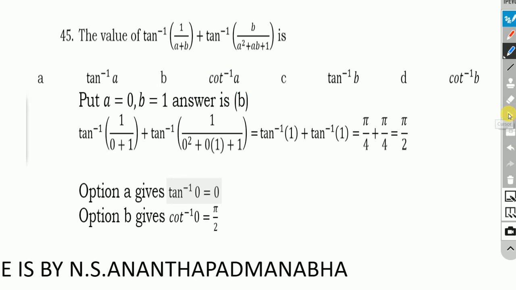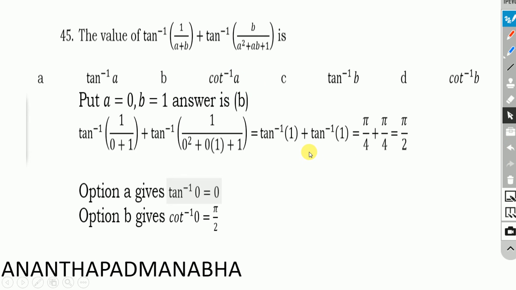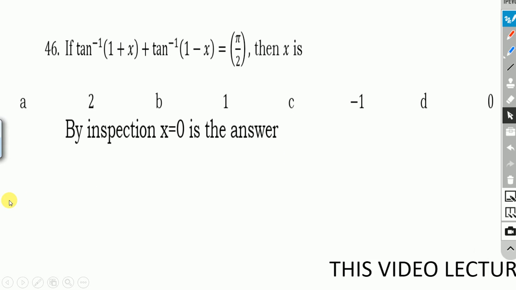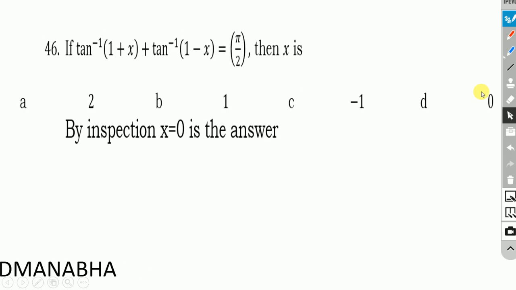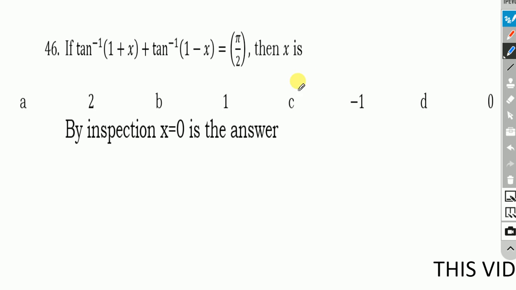If tan inverse of 1 plus x plus tan inverse of 1 minus x is equal to pi by 2, then x is? Let us go by inspection here also. You can check one by one. Suppose you give 2 here: tan inverse of 3 plus tan inverse of 2 minus 1, which is 1.